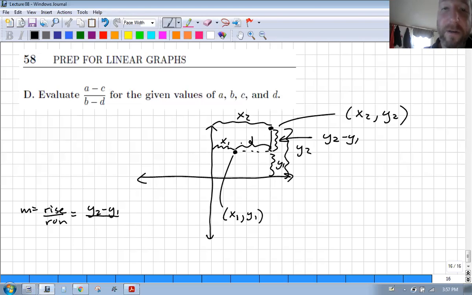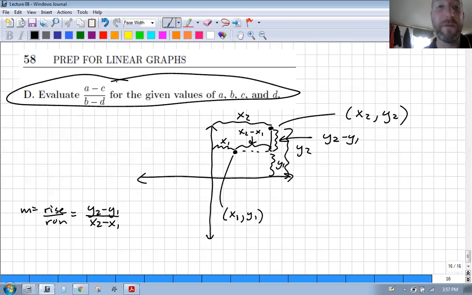So right here, you take your X2 and you subtract your X1 and you get that little middle piece, X2 minus X1. All right, so that's a way of getting the slope when you know 2 points. So we're going to practice just doing basic arithmetic first.